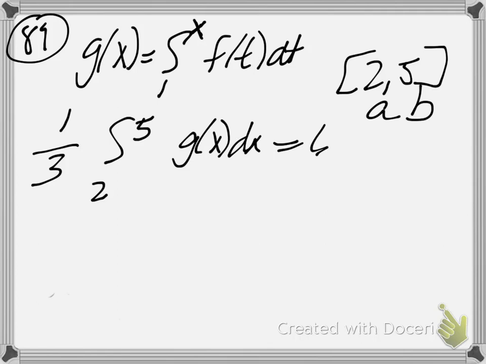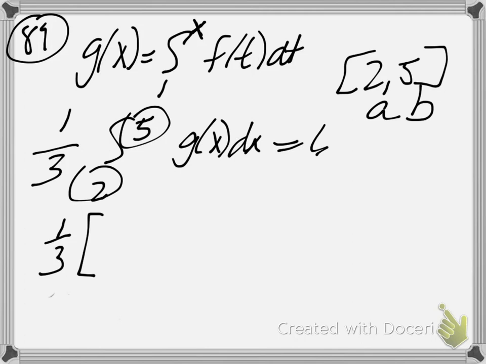Okay, and so how would we go about solving this? Normally, you would take the antiderivative, and then you would put the upper limit 5 into it, and then you're going to put 2 in it. The thing is, what is the antiderivative of g of x?